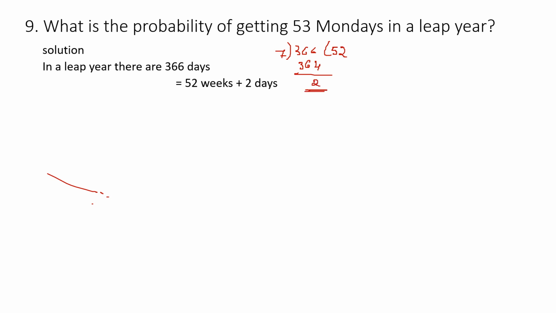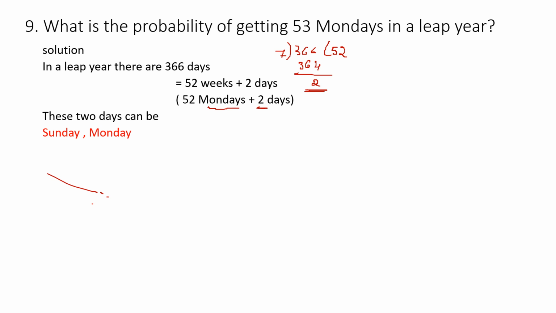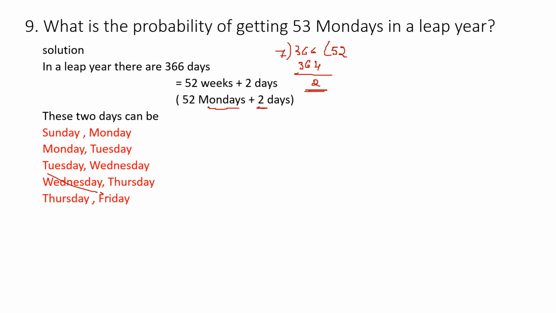So that means exactly 52 weeks plus 2 extra days. Out of 52 weeks, each week has 1 Monday, so in total 52 Mondays. So the remaining 2 extra days can be continuous days: either Sunday-Monday, Monday-Tuesday, Tuesday-Wednesday, Wednesday-Thursday, Thursday-Friday, Friday-Saturday, or Saturday-Sunday.